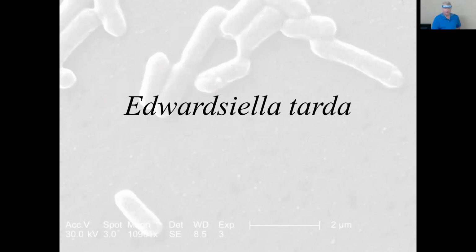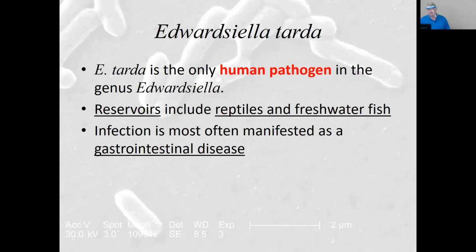So what are we getting out of this lecture? We're getting introductions to our Enterobacteriaceae. These are names that may not be familiar to you, like this one, Edwardsiella tarda. Anybody heard of that before today? It is the only human pathogen in the genus Edwardsiella.